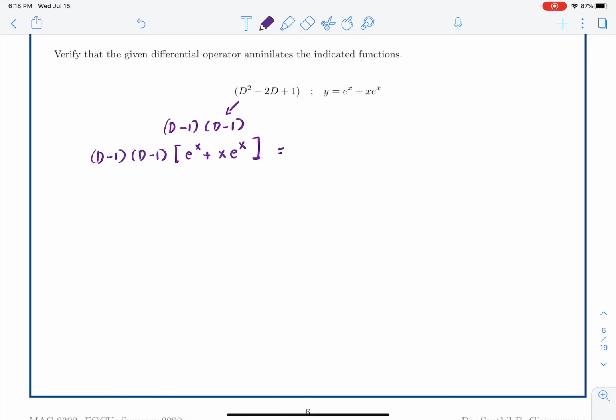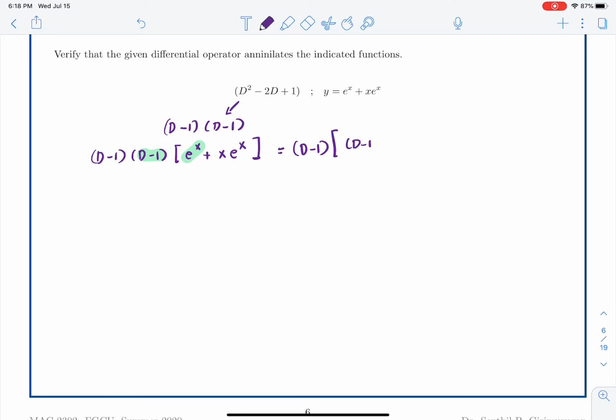So that would equal D minus 1. Writing it in factors is beneficial because we know a standard form that is going to get rid of an exponential. So in this case, I know D minus 1 would take out e raised to x. So it would help us get rid of terms right away, which is why I like to do it one factor at a time.